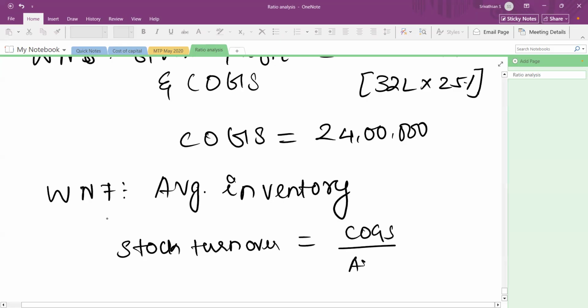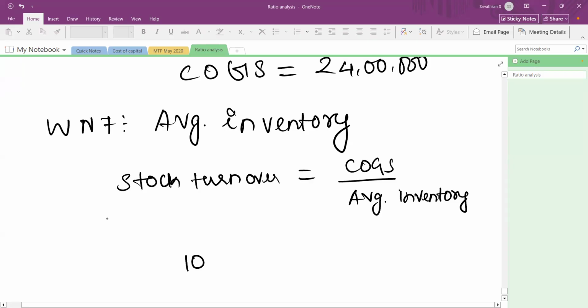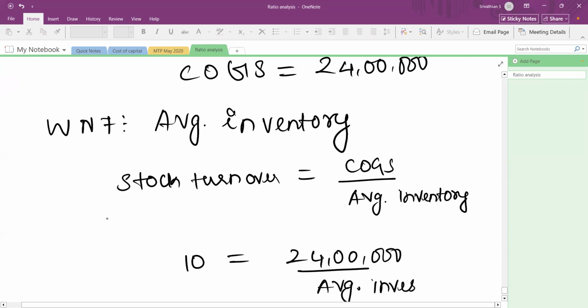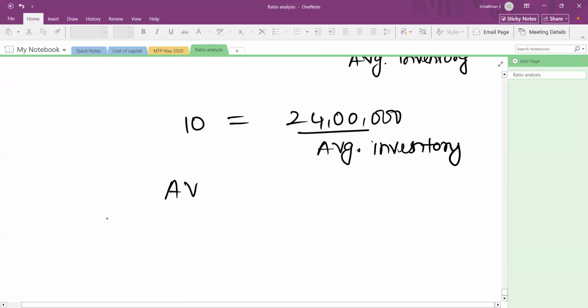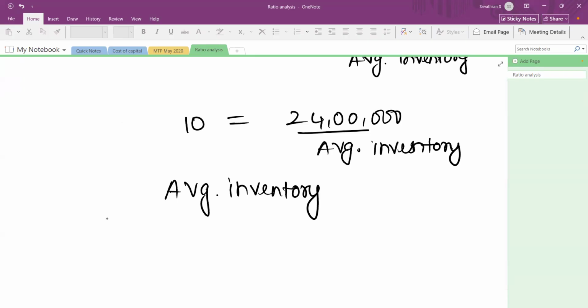COGS by average inventory. So stock turnover is given 10 times. COGS is 24 lakh. What is average inventory? If nothing is mentioned in the question, it is better to take COGS. Average inventory is 2,40,000. Clear so far? Any doubt?